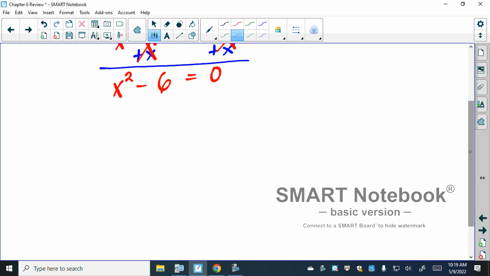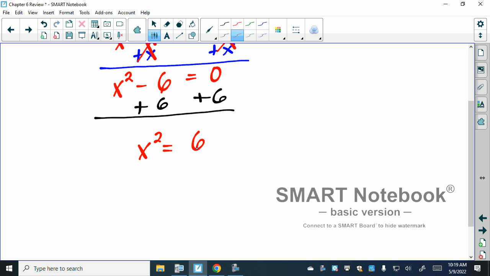No. So what we can use is the square root method, which says I can add 6, telling me x squared is equal to 6. At which point we can square root both sides, saying x is equal to plus or minus the square root of 6.